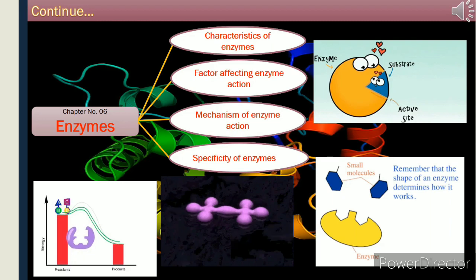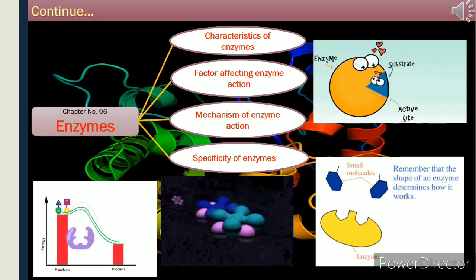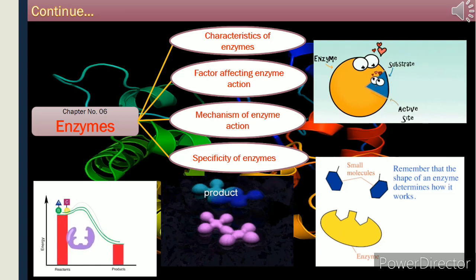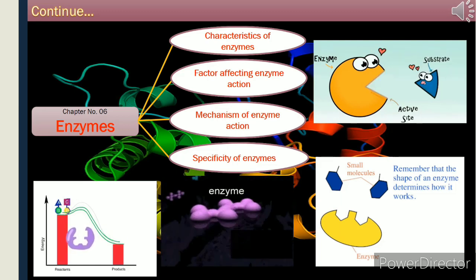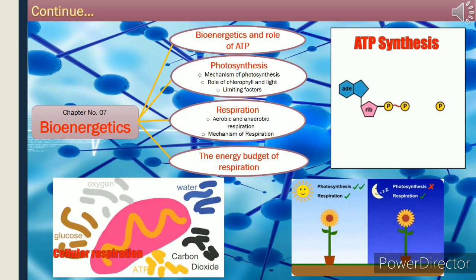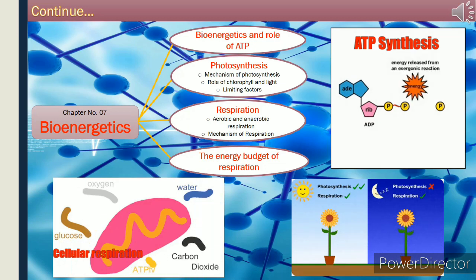Chapter number 6, enzymes. In this chapter we will discuss characteristics of enzymes, factors affecting enzyme action, mechanism of enzyme action, specificity of enzymes. Chapter number 7, bioenergetics. In this chapter we will discuss bioenergetics and the role of ATP.